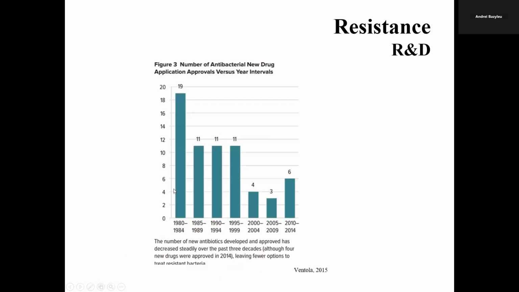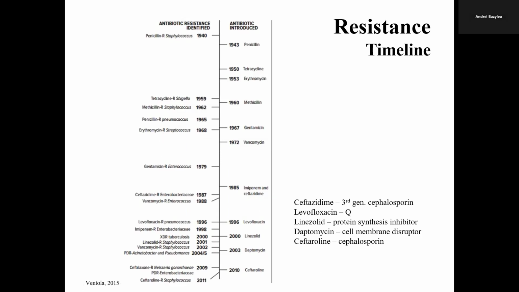By the way, I'm not going to be asking you about any numbers on this figure either, but you need to know the trend. The trend is what I'm looking for, your understanding of the trend. But what was happening eventually, if you see some of these values down below, the time lag between the introduction of an antibiotic and the first reports of antibiotic-resistant species became much, much shorter.